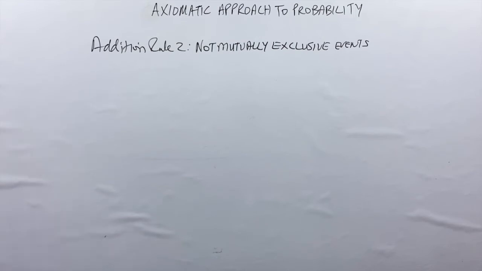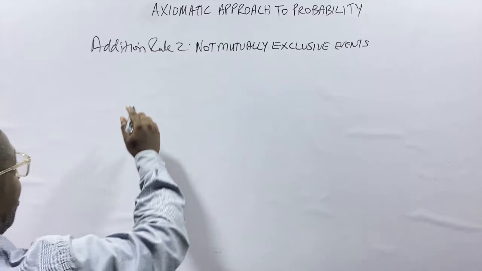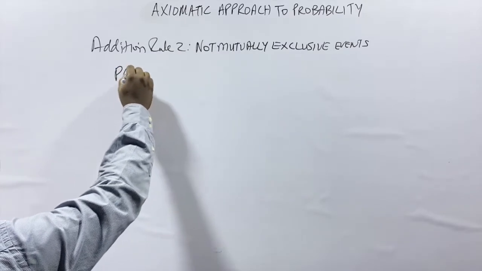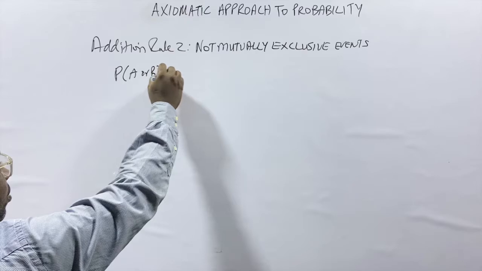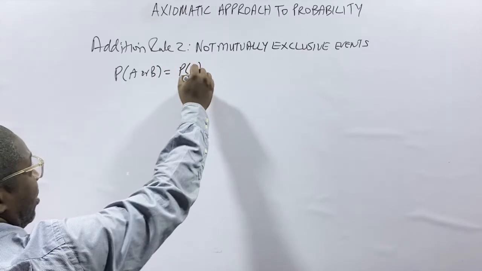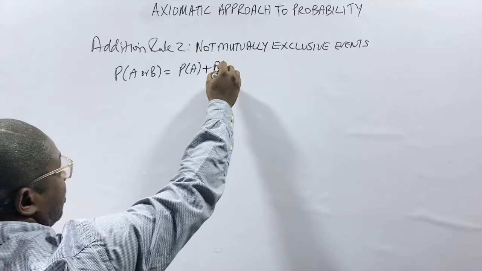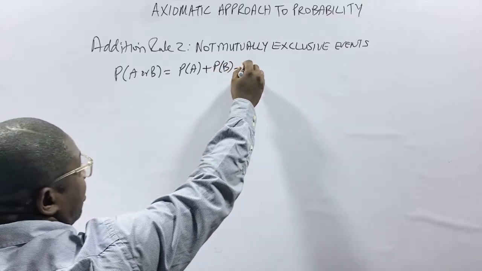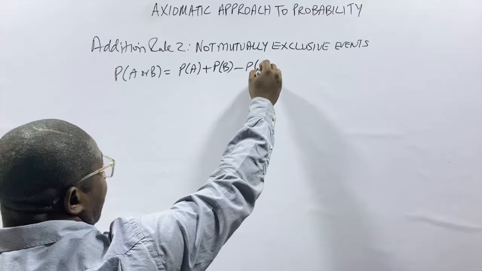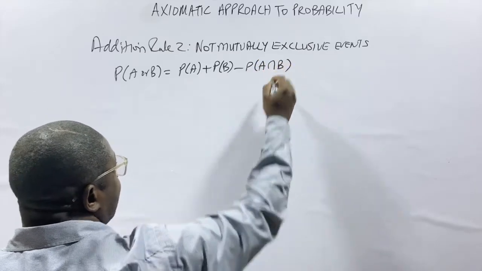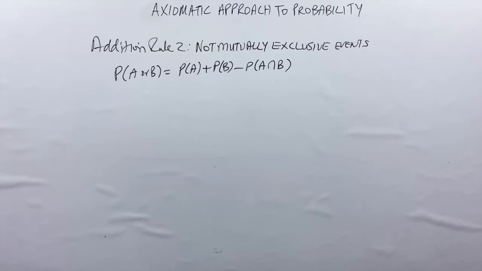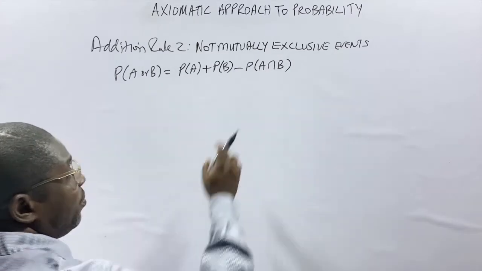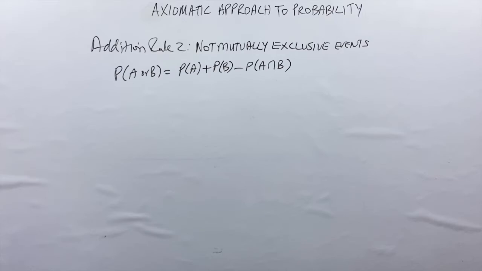In this case, when the events are not mutually exclusive, the probability of choosing A or B will be the probability of A plus the probability of B minus the probability of A and B. So that's how we solve this problem. We'll find the probability of A, which we'll be given, and then we have to deduct the probability of the commonality that happens between them. Let's take an example.